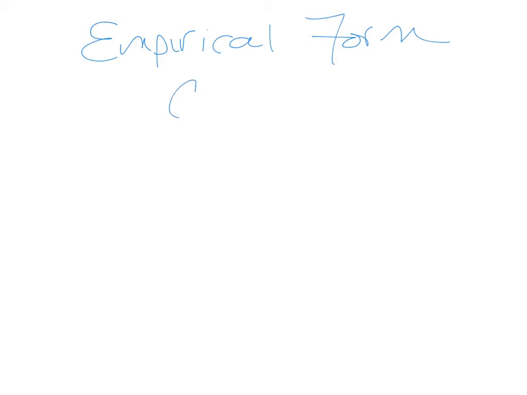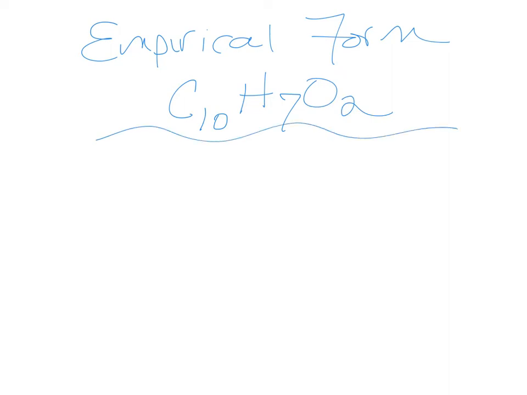Let's say that you were given the empirical formula for a compound, or that you just calculated it from percent composition, and it was C10H7O2. And you were asked, what is the molecular formula?